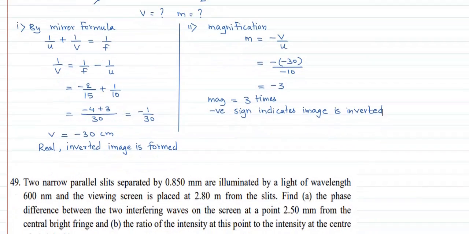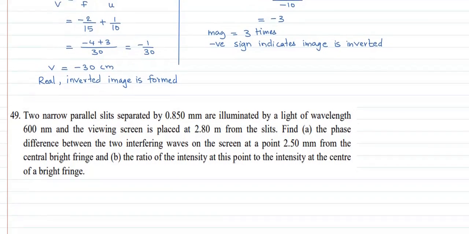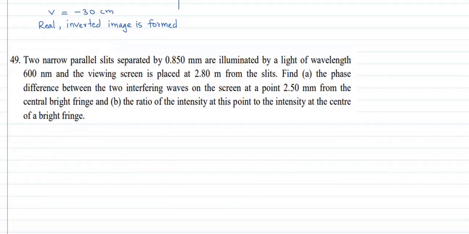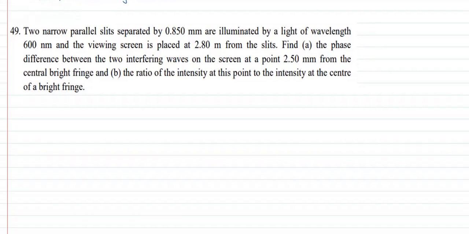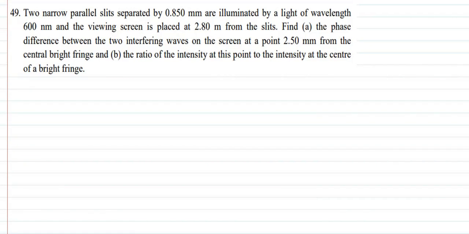Then finally, on wave optics, another problem you have. Two narrow parallel slits separated by 0.850 mm. He has given the separation between the two slits; I denote it by small d, 0.85 mm or 0.85 into 10 raised to minus 3 meters.